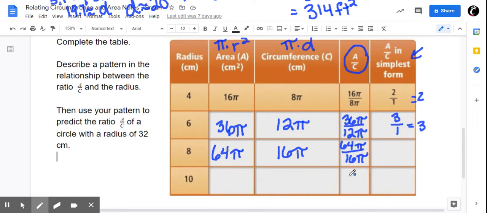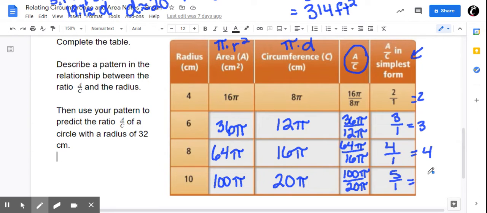Pi would cancel. 64 over 16 would simplify to 4 over 1, or just 4. And then a radius of 10, pi times radius squared. Well, 10 squared is 100, so it would be 100 pi. If the radius is 10, the diameter is 20, so this would be 20 pi for our circumference. And if I write that ratio, it would be 100 pi over 20 pi. And that is going to simplify to 5 over 1.